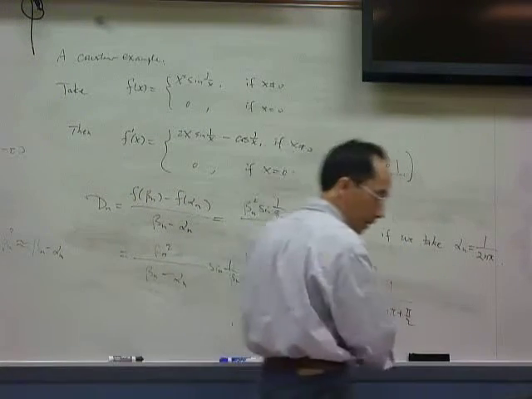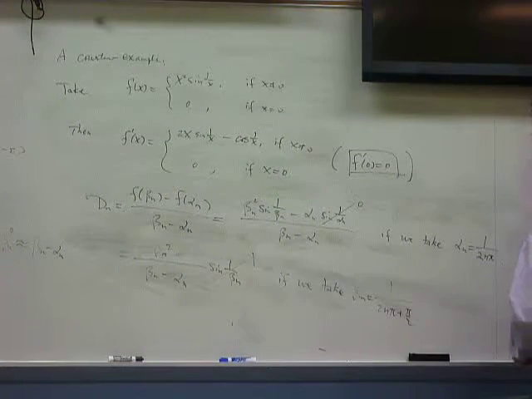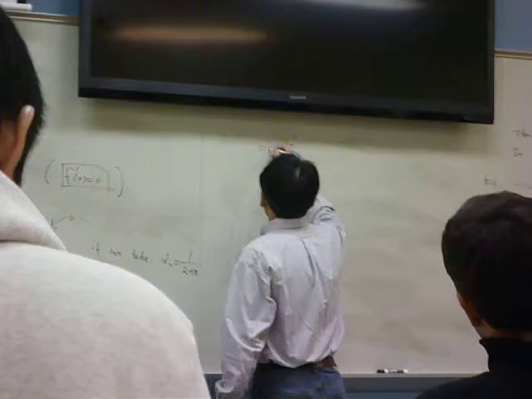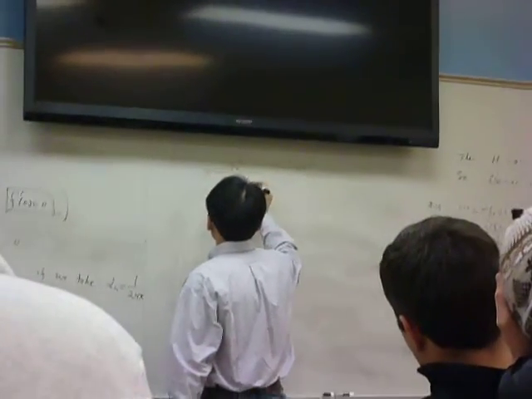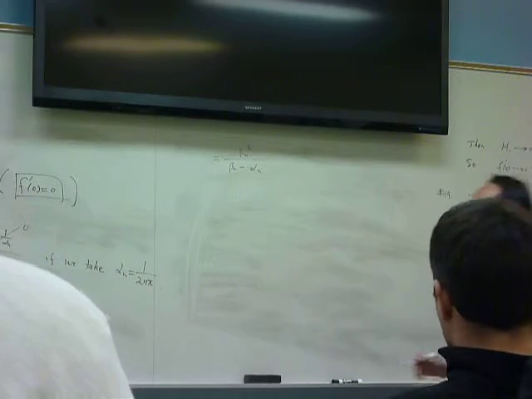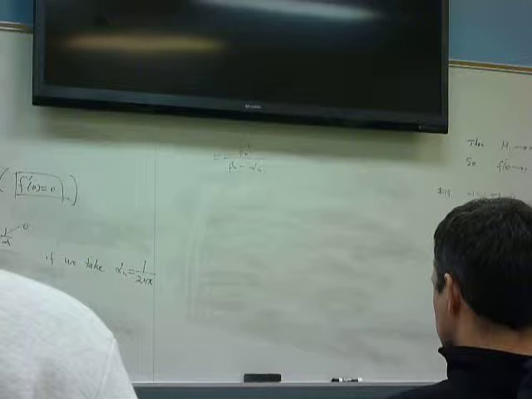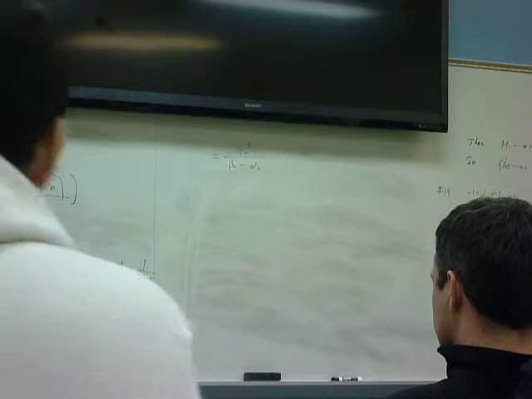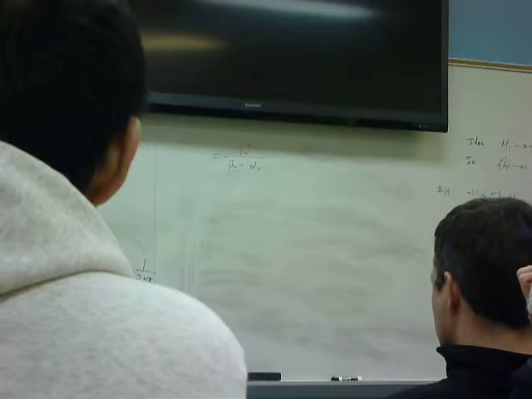So that gives me beta n squared over beta n minus alpha n. Now the only thing I need to check is that beta n squared is approximately beta n minus alpha n.